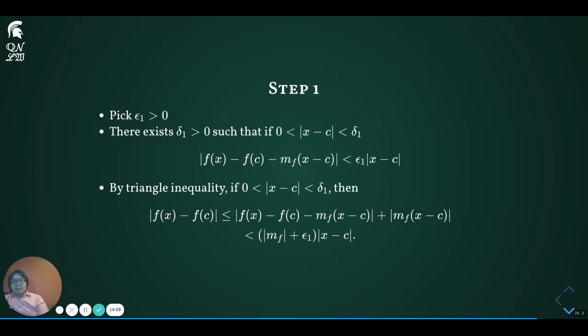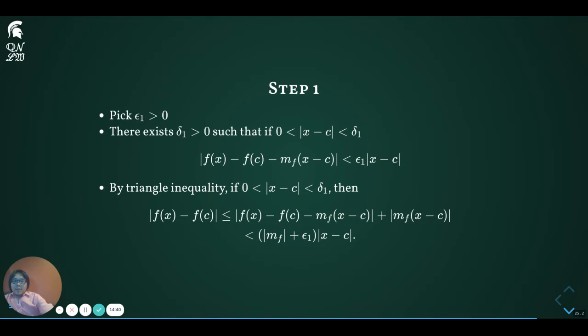For continuity, we will want to be able to control the difference f of x minus f of c by some small quantity, once x minus c is small. The epsilon delta formula for differentiability tells us something related, so we can apply the triangle inequality. First, we write f of x minus f of c by adding and subtracting m_f times x minus c.